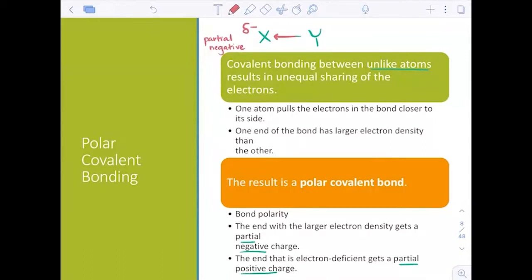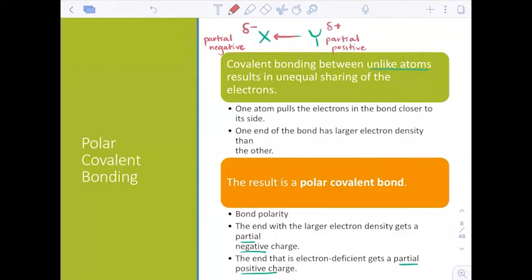It's what we call a delta minus. Delta is that lowercase Greek letter. It just means that the element X must like electrons more than element Y. Element Y is feeling a little bit electron deficient. It's not getting its full octet. It's losing a little bit, and that's what we call a partial positive.